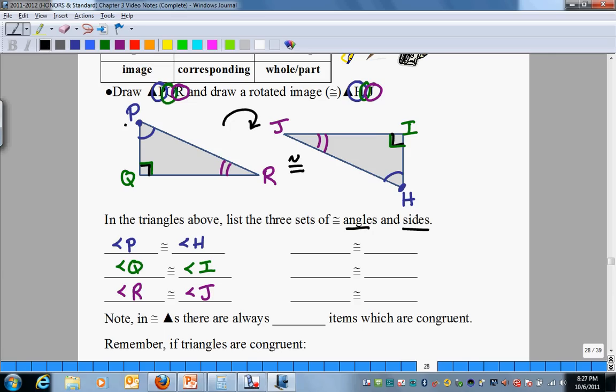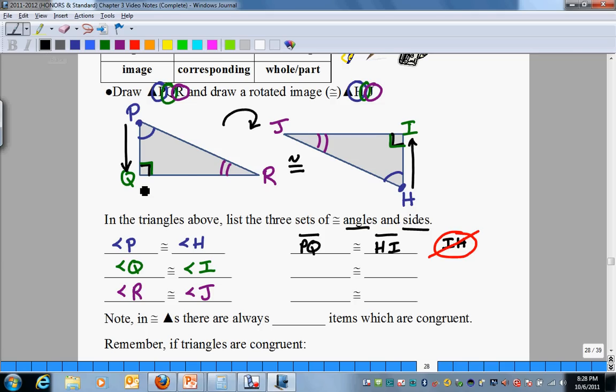We're going to say P to Q is congruent to H to I. You have to follow the same order, P to Q, H to I. In this case, we cannot use I to H because the order we started with was P to Q, and P corresponds with H. So be very careful of your order, that you keep the same order as you walk this around.